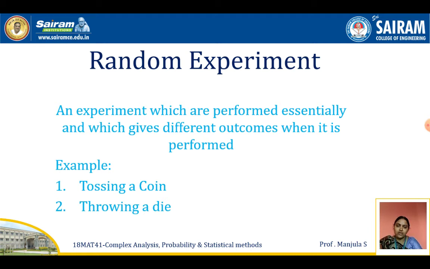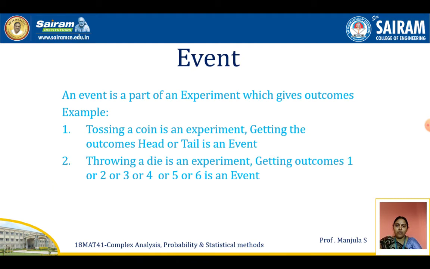Similarly, throwing a die, which contains six faces with six numbers 1, 2, 3, 4, 5, 6. If you throw that die, you will get any one outcome out of those six. That is what is given in the definition: an experiment which is performed essentially, which gives different outcomes when it is performed.